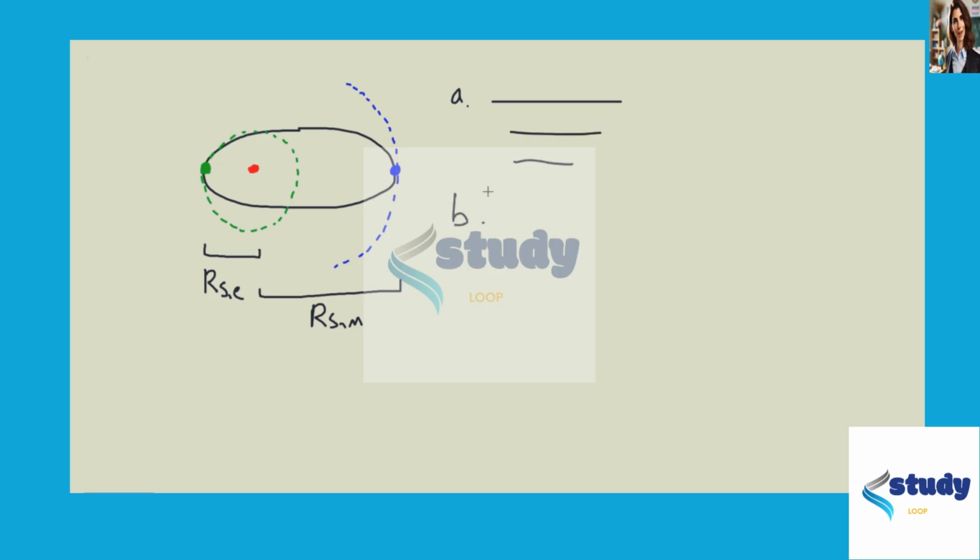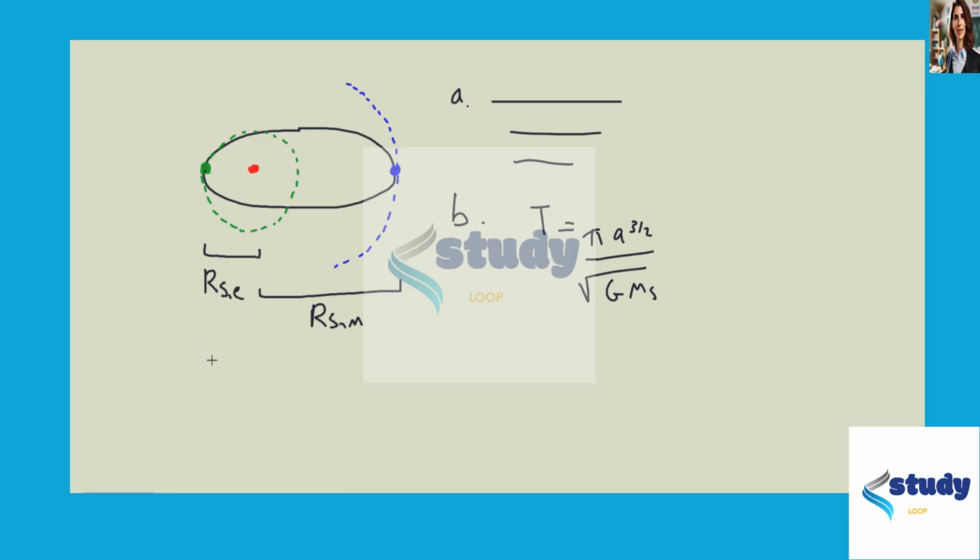Part B asks us to find how long the one-way trip from Earth to Mars will take. If we're moving from here to here, that's half of this total orbit, so it should just be half of whatever this period is. For an elliptical orbit, we know our period from Kepler's law should be pi a to the 3/2 over the square root of GM, which in this case would be the mass of the sun since it's still in orbit around the sun. And a here would be the semi-major axis, which is half of this long part of the ellipse.